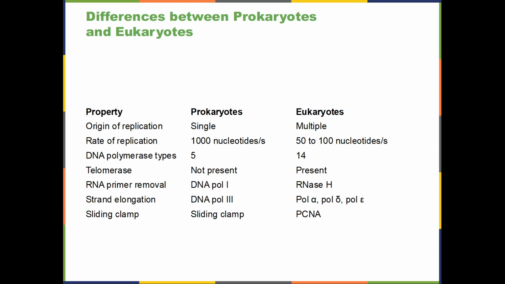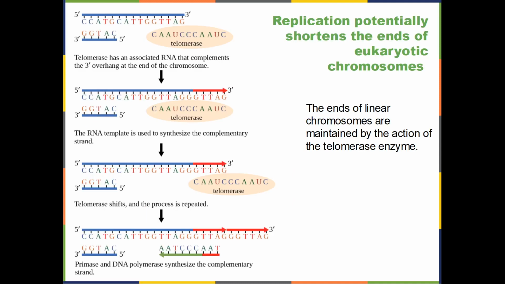RNA primer removal, two different types here. Strand elongation, we see that that is done by different enzymes in the two types. And sliding clamp, also two different systems. All right, so we talked about telomerase being present in eukaryotes but not in prokaryotes.